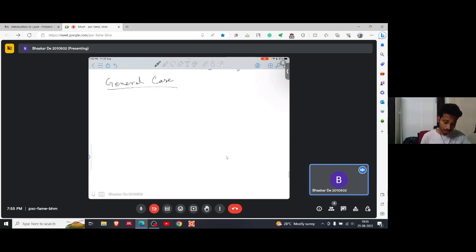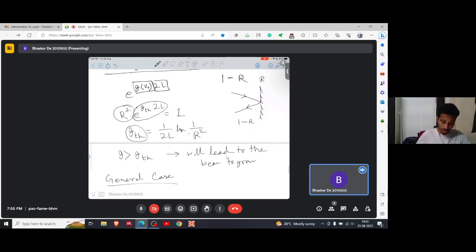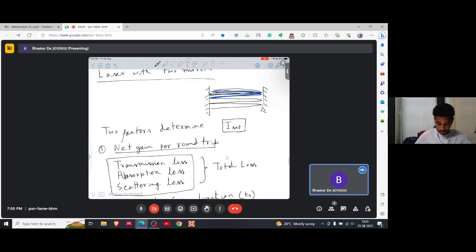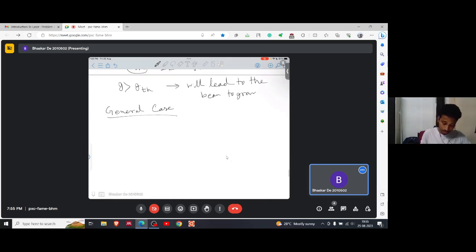So in the more general case, here we have considered that both mirrors have the same reflectivity. In this case this one has r and this one also has r, but in the general case this one has r1 and this one has r2, and r1 is not equal to r2. So these two mirrors have different reflectivity.